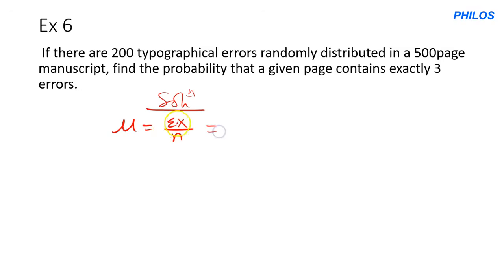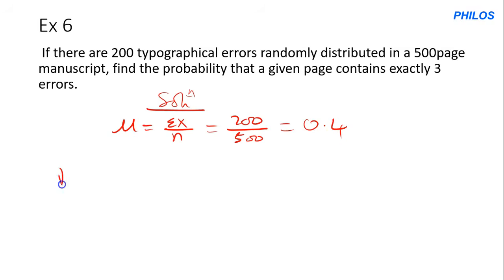Summation x means the addition of all the errors. All the errors put together is 200. n is the sample size, so we have 500 pages. So 200 divided by 500 gives you 0.4. So this is the mean.